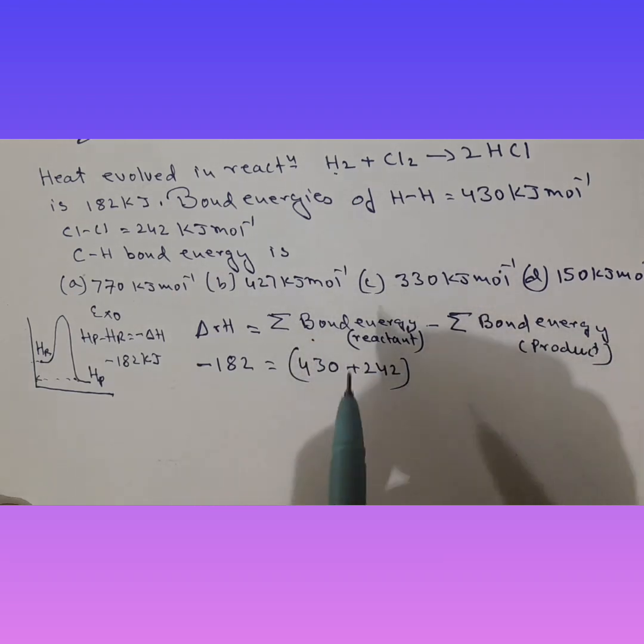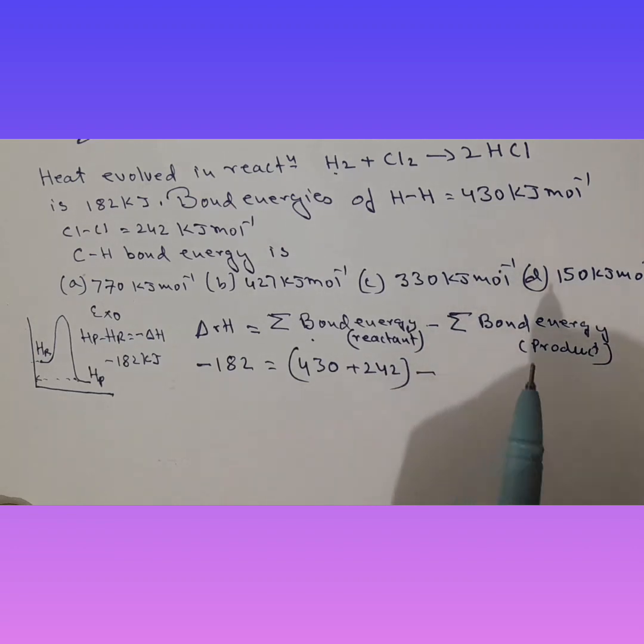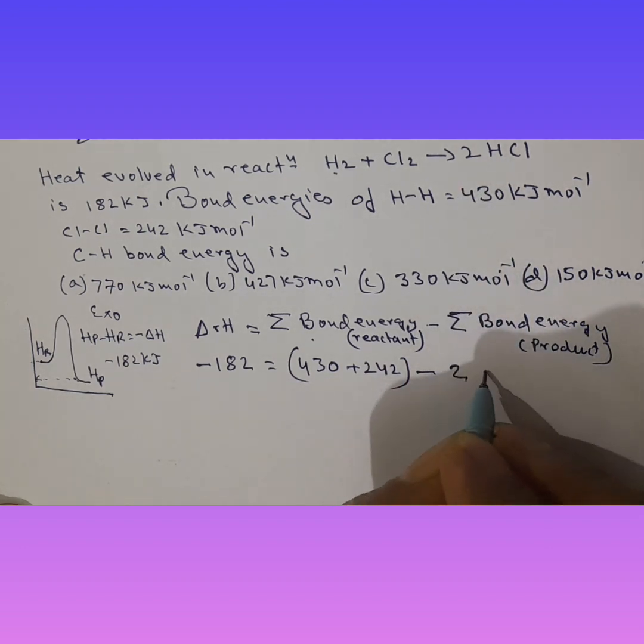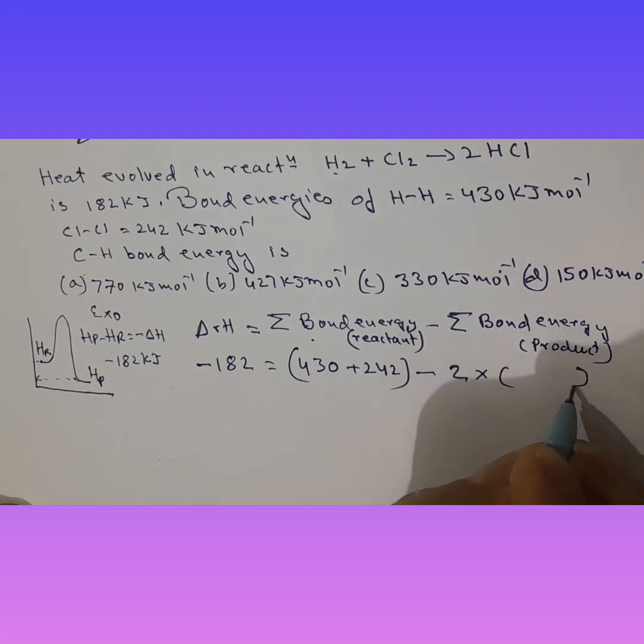This is the total bond energy of reactant minus bond energy of product. In product, we have 2 moles of HCl, so I write 2 into HCl.